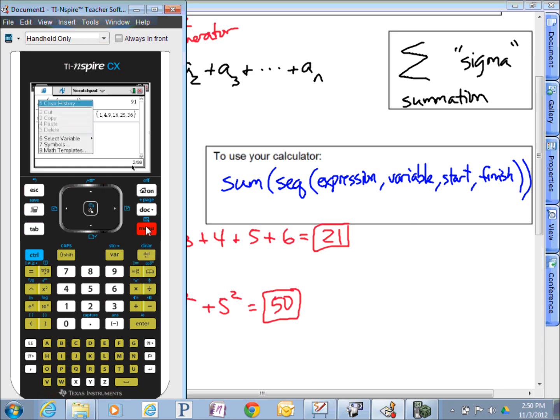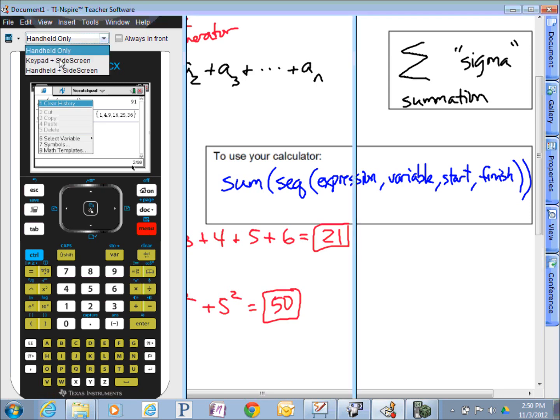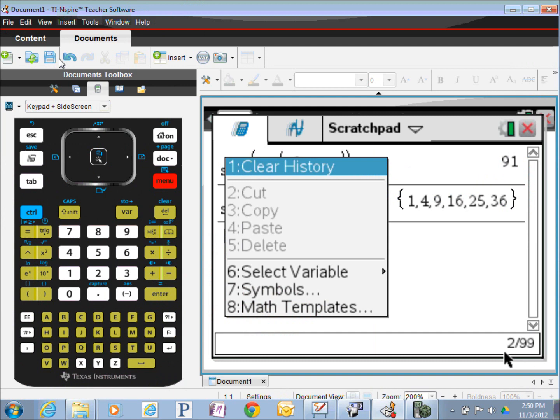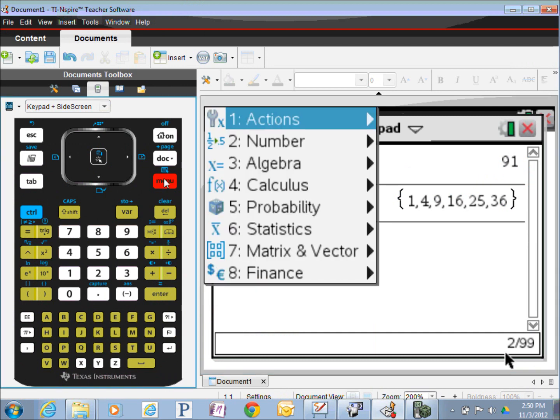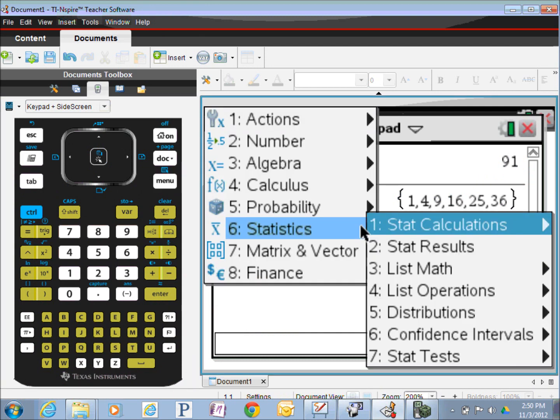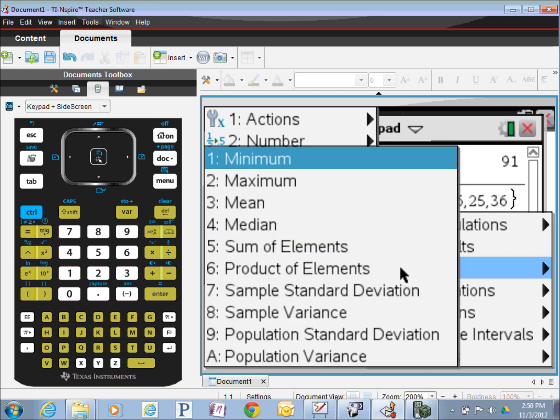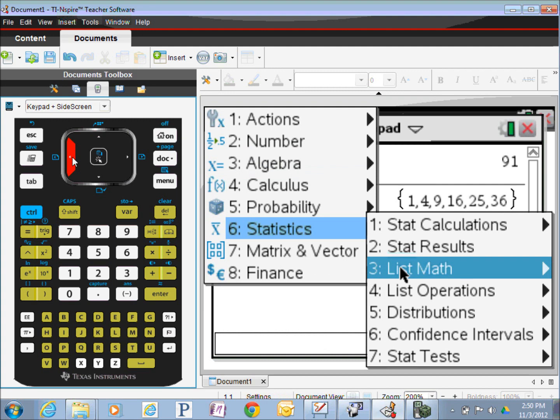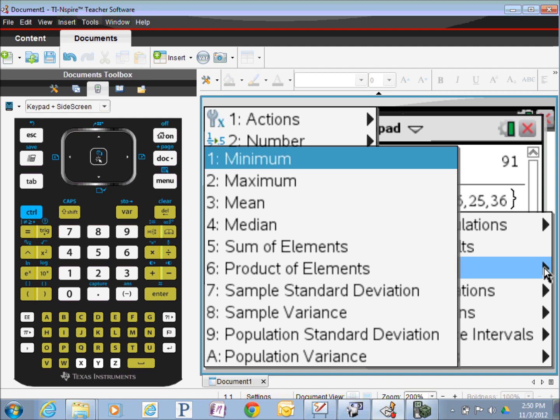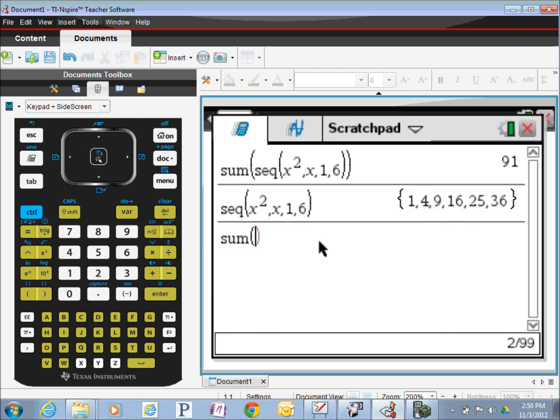I'm going to hit my menu button, and once I'm in menu, I want to go to statistics. And in statistics, I am going to be looking first for the list math menu. Those of you that have an 84, this is going to play a role for you also. Statistics, and I want list math first. Sum of elements, number 5. Sum of elements. There's my sum.